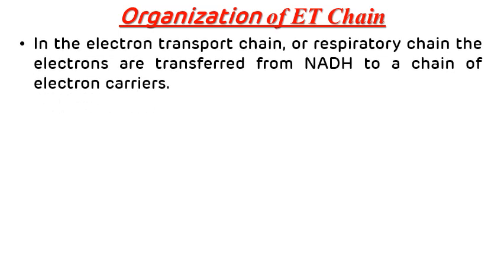Now, the organization of the electron transport chain. In the electron transport chain or respiratory chain, electrons are transferred from NADH to a chain of electron carriers. There are various electron carriers available.